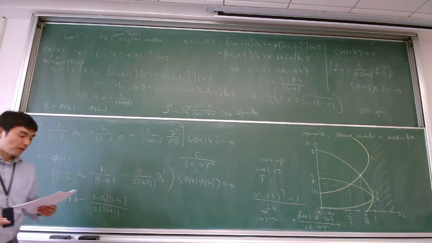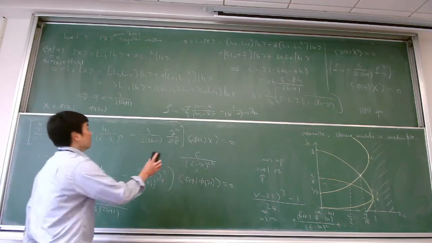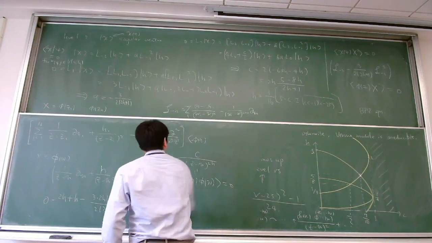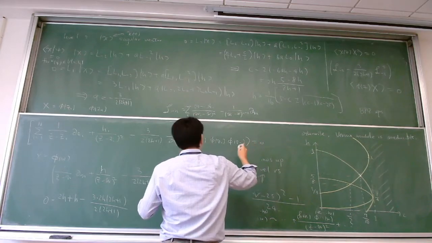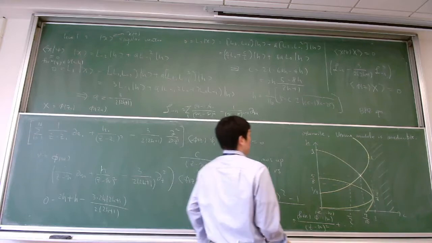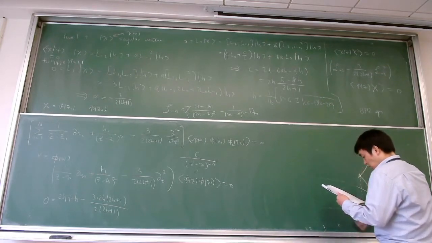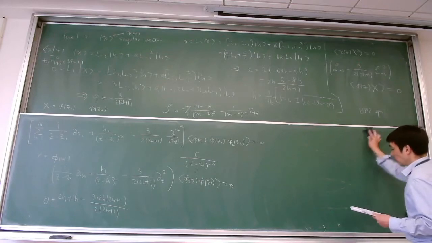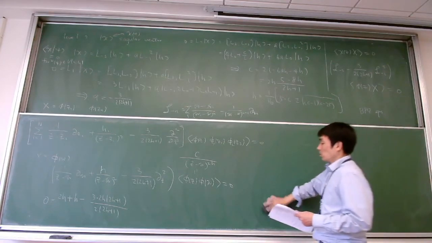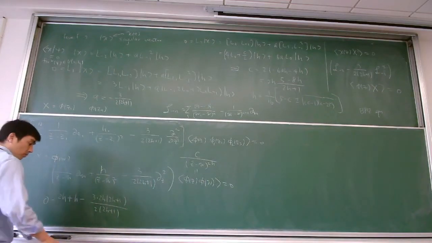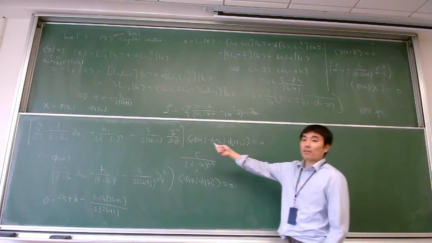Let's look at the three-point function. Here you have different primary fields, phi 1 and phi 2.